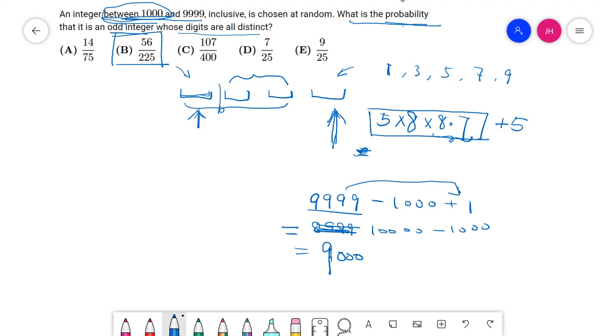And how about 2 digits? We need to consider different cases again. We need to subdivide the cases to 1 digit, 2 digits, 3 digits, and 4 digits. Now let's focus on 2 digits. So that's 2 digits, and this is 3 digits.